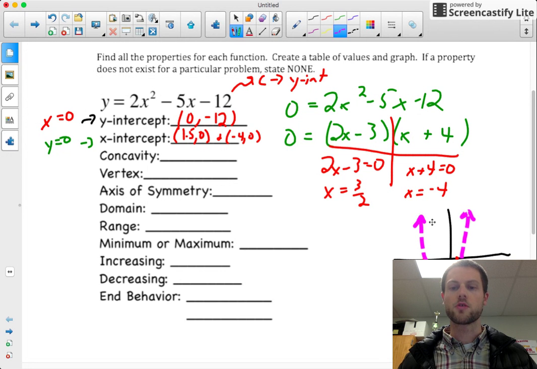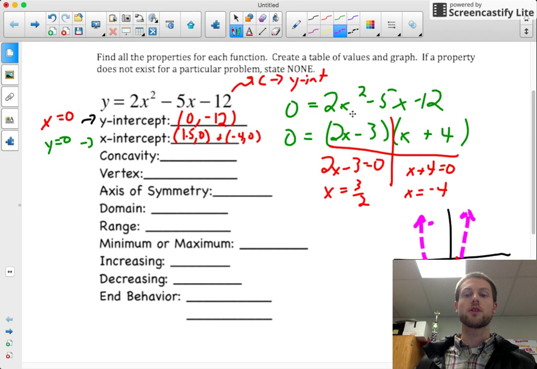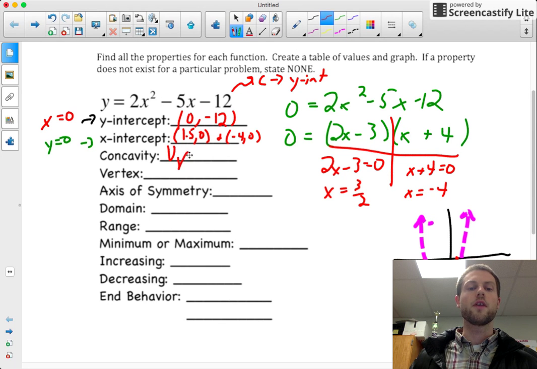Let's just pretend that it goes through this root here. I know that I'm going down to this point and I'm going up. As far as the concavity, from my sketch, this is going to be concave up. But I also know that because my a value is positive, that's going to be a concave up graph.